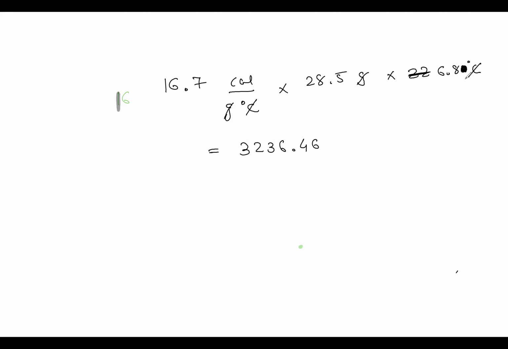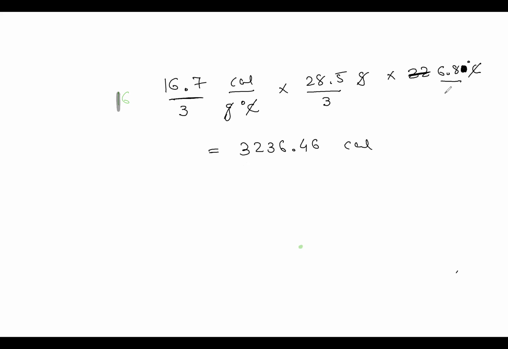Yes. All right. So now, as you see, I think this was the question that you were having trouble with. In this case, it should be calorie. Now, this is multiplication, so you have to look at the significant figures. The first number has three significant figures. The second number has three significant figures.